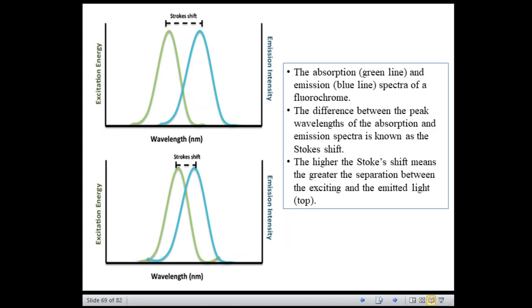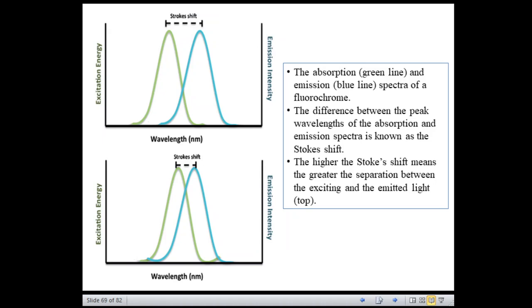So the important features of a fluorochrome include an absorption spectrum at which a fluorescent compound can be excited, and a range of emitted wavelengths. We call it the emission spectrum. The emission wavelength of any fluorochrome will always be longer than its excitation wavelength. So this is the most important point to be underlined and remembered.